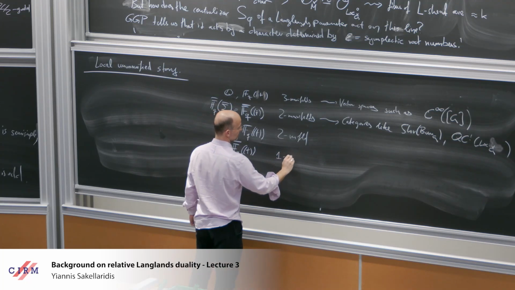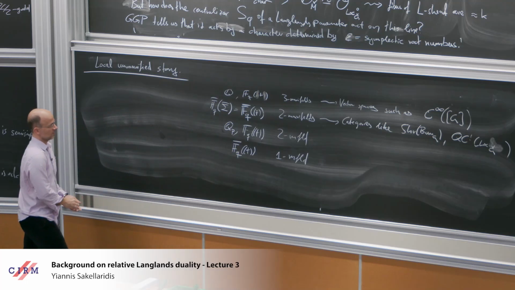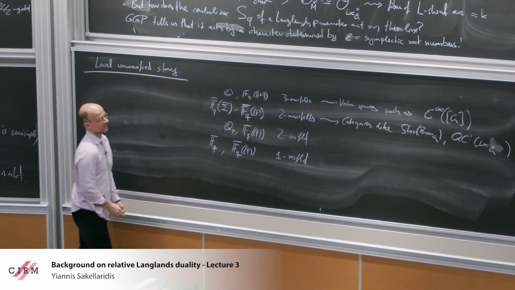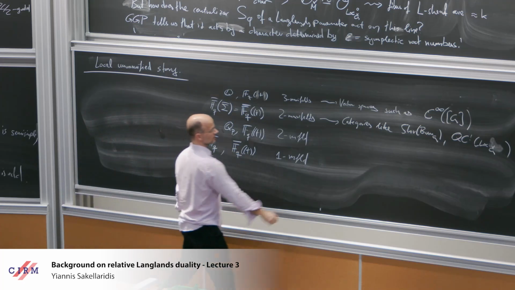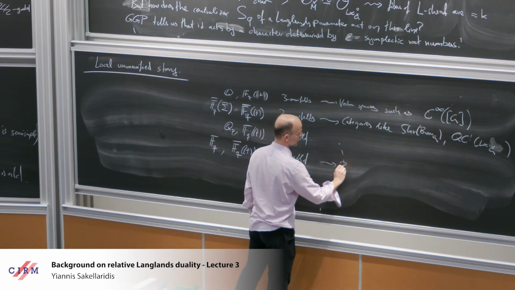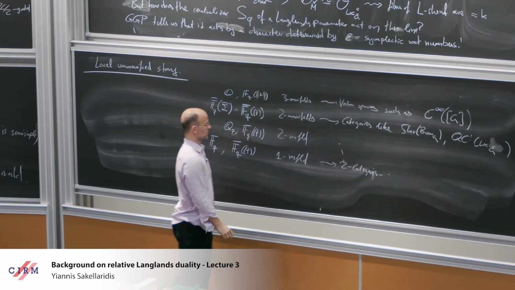This is a one-manifold. Or F_q is also a one-manifold. And as you go down the categorical level, here you would attach two-categories. And so on and so forth.